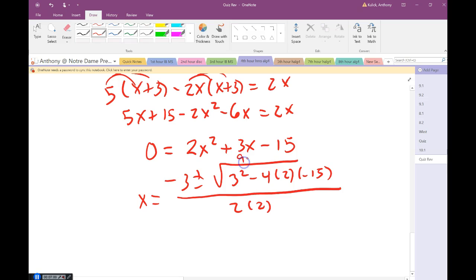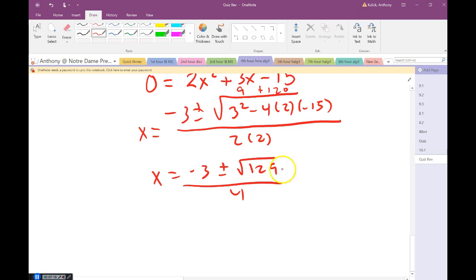So we have 9, and then let's see, 60, so plus 120. So x equals negative 3 plus or minus the square root of 129 over 4. And then we should check to see if we can reduce the square root of 129. 129 does have a factor of 3 in it.